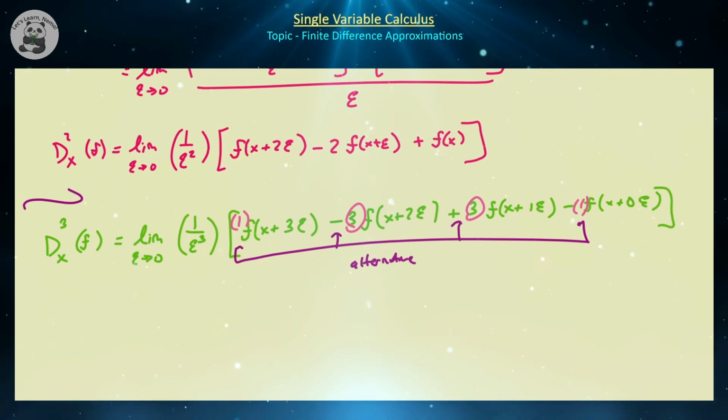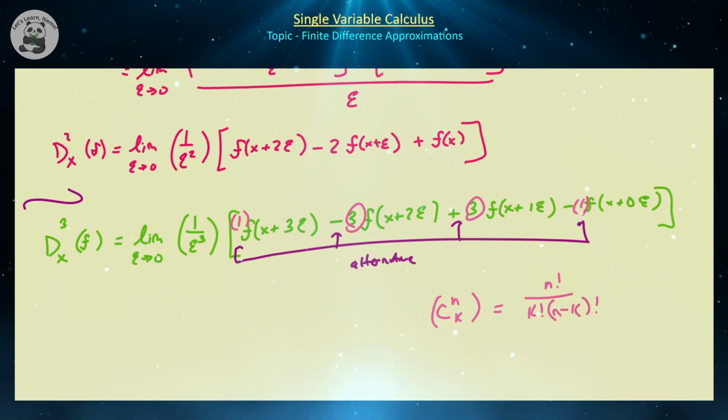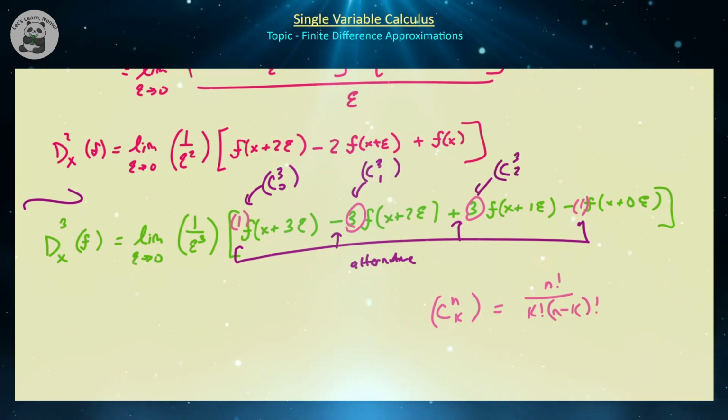If you don't remember binomial coefficients, recall that n choose k is equal to n factorial over k factorial times n minus k factorial. So for example, this is going to be 3 choose 0, this is 3 choose 1, this is 3 choose 2, and 1 is going to be 3 choose 3. This again gives you the coefficients of that expansion.